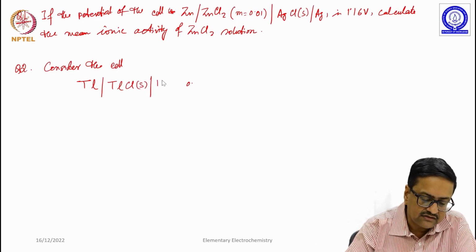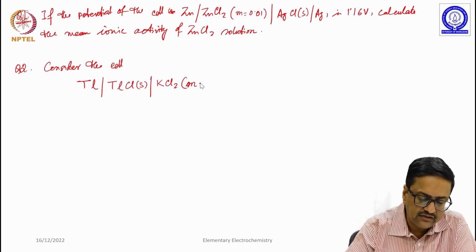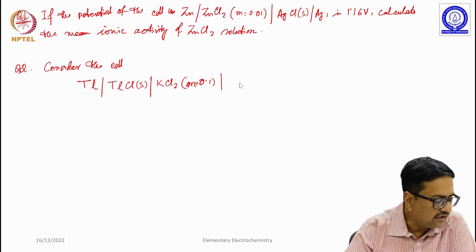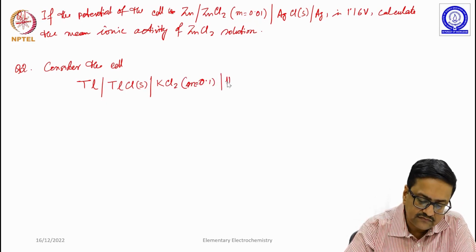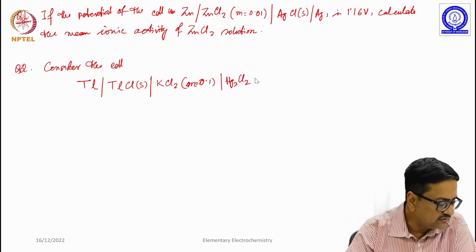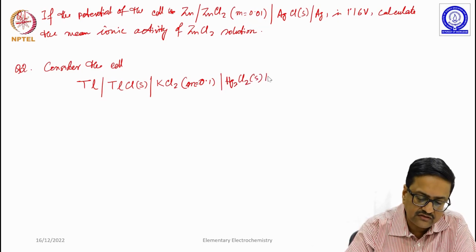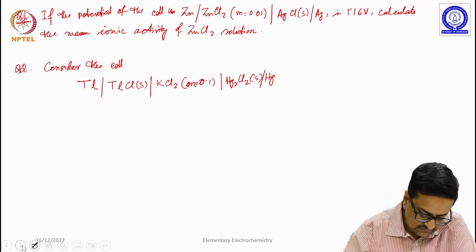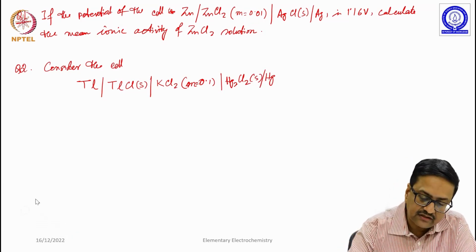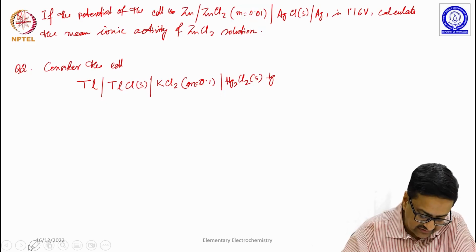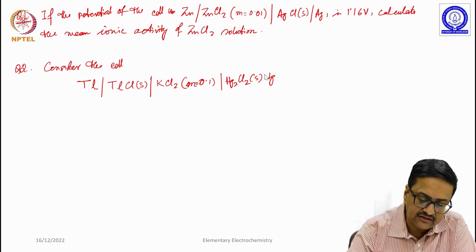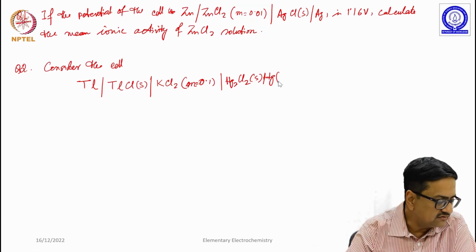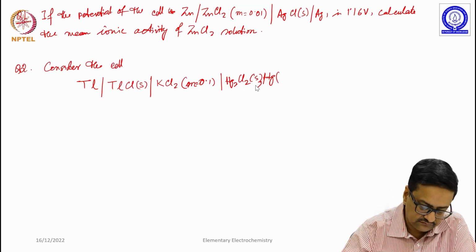It is in connection with KCl solution of molality 0.1, and the other end the electrode is Hg2Cl2 solid with mercury as your electrode. I think one should not write this slash because slash indicates a phase boundary. One should write just comma.